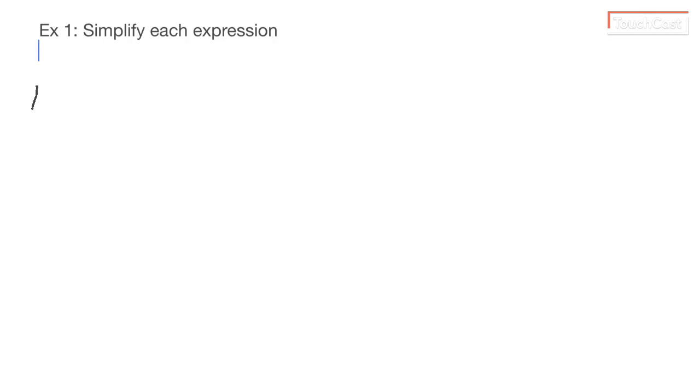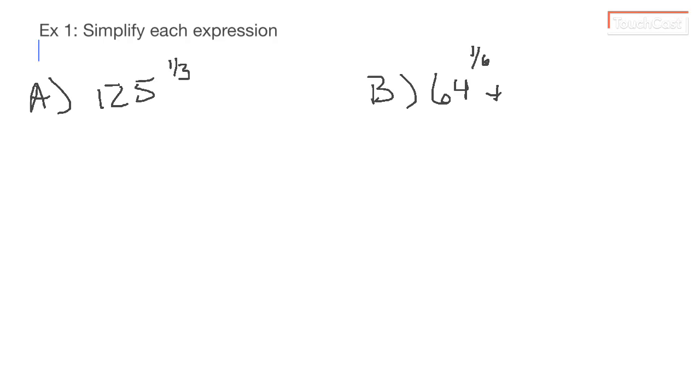We're going to first look at 125 to the power of 1/3, and then we're going to also do 64 to the power of 1 over 6 plus 25 to the power of 1 over 2.